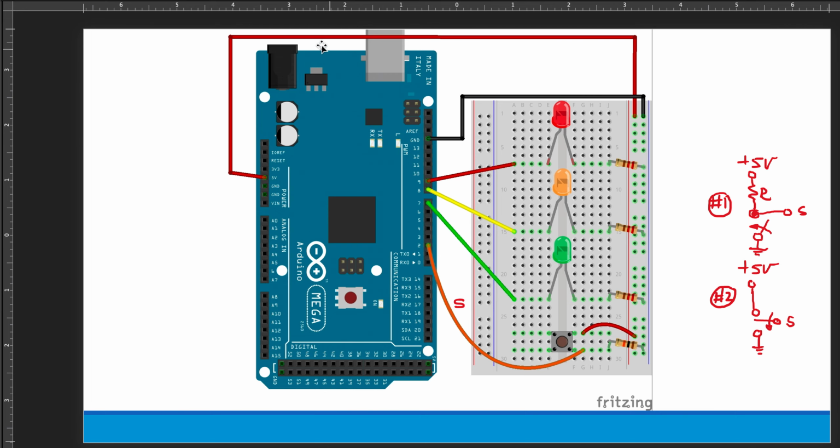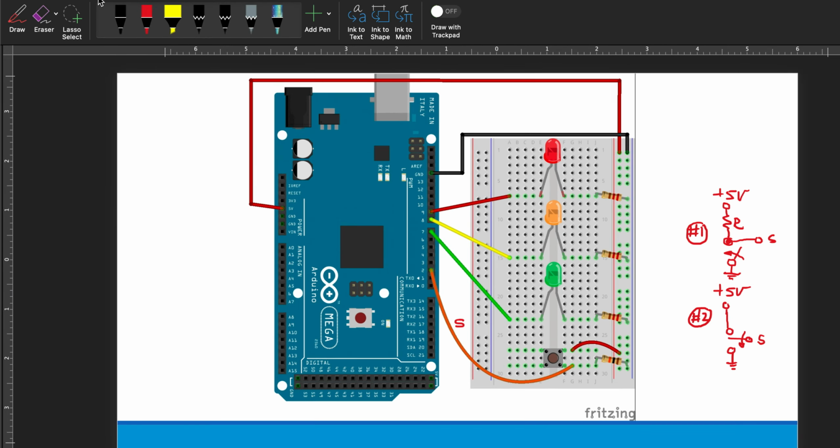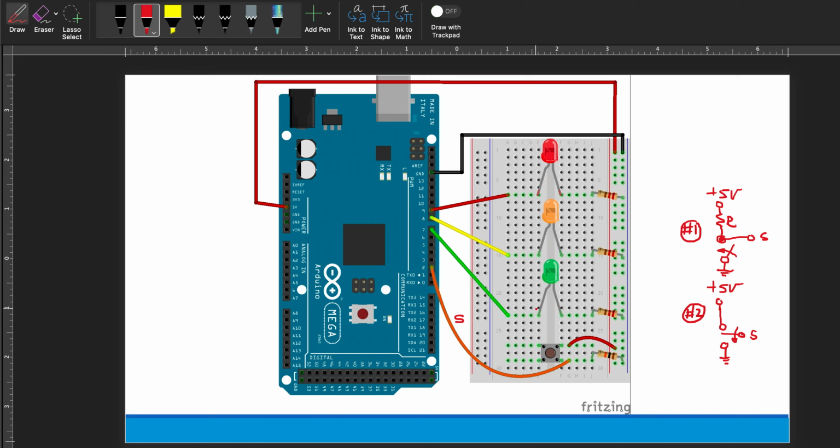So let's identify where this is. If I hit my drawing pen here, I can see that this dot here is essentially this dot over here, and this through the resistor to 5 volts is this path here, and there's a resistor going to +5, which is on this column over here.